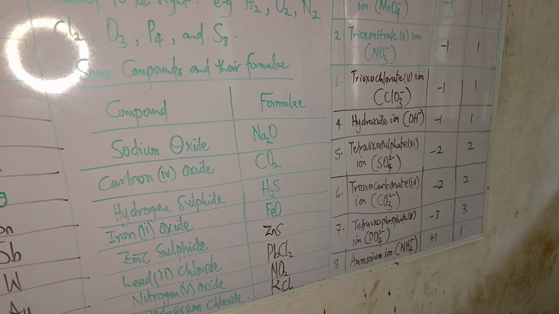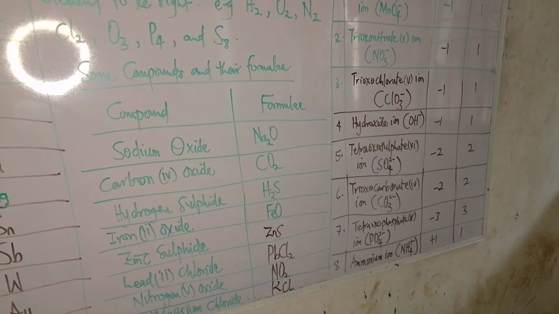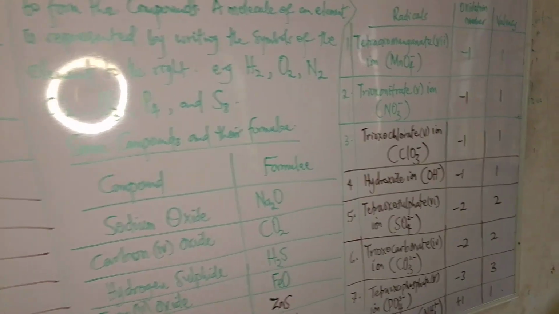Now, before we come back to how we came about those compounds that we just mentioned, let's talk about radicals. So what are radicals? Radicals are a group of atoms carrying charges, and they exist as a simple unit.